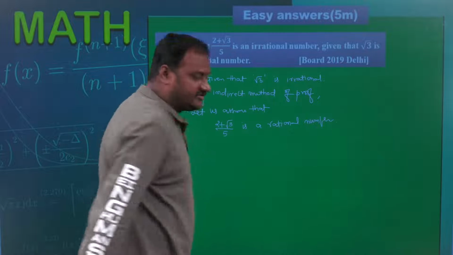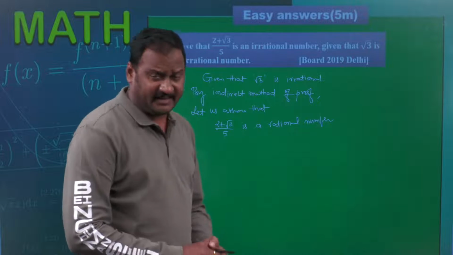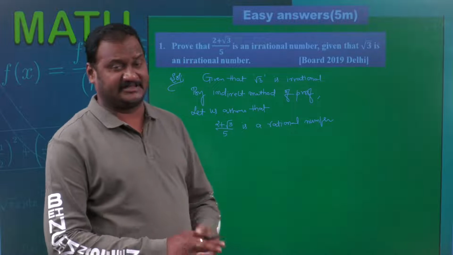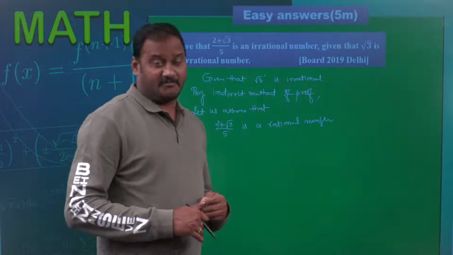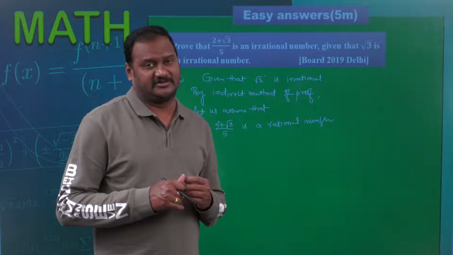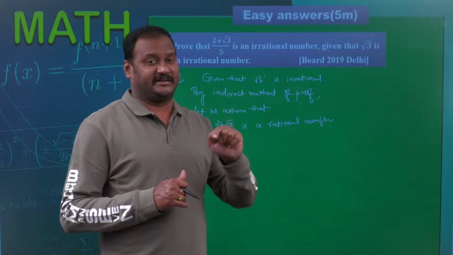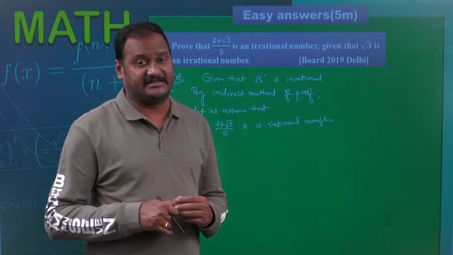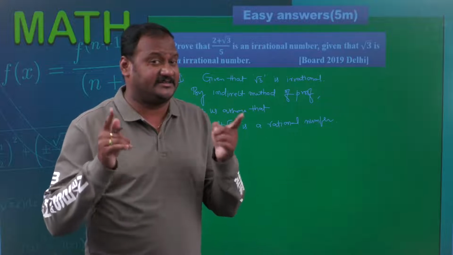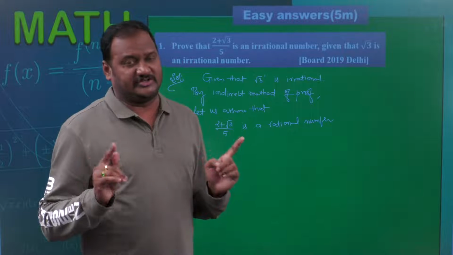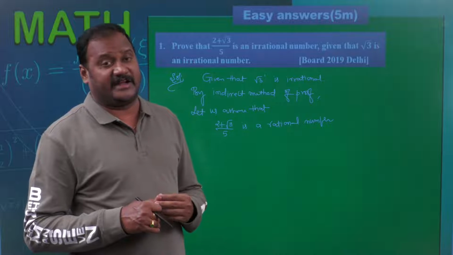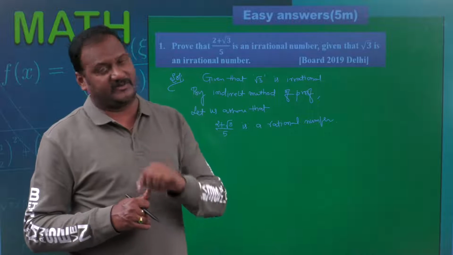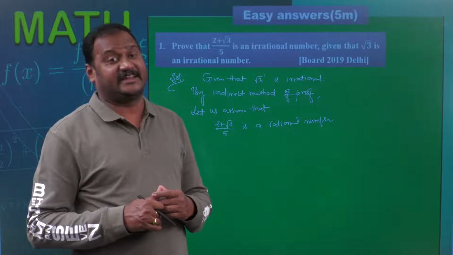So we know, according to the definition of a rational number, every rational number can be expressed in the form of P divided by Q or A divided by B, provided the denominator should not be 0, and both numerator and denominator, P and Q, are integers and must be in the standard simplest form. Simplest form means the greatest common divisor or highest common factor of numerator and denominator should be 1, then only they are said to be in standard form.